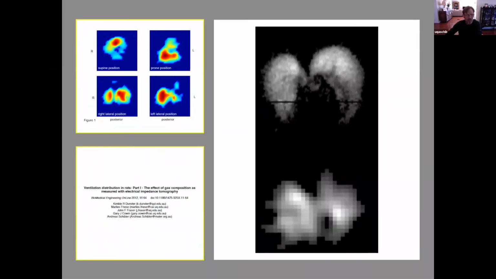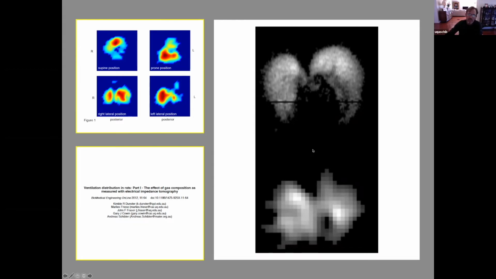We took the EIT imaging even further, and we used hyperpolarized helium, which is sort of the state of the art to look in MR imaging at where ventilation is distributed.